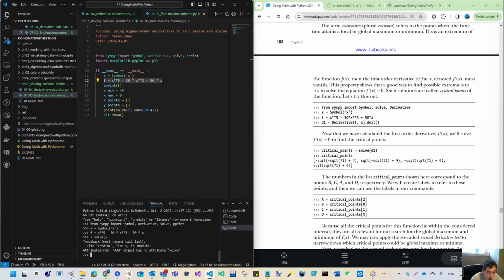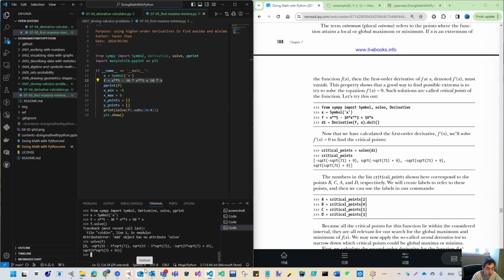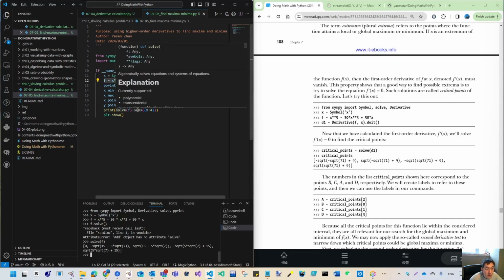Oh, which is the difference? Maybe I need to remember the syntax. So I have the solve. Okay, so solve f, and then I put solve f.